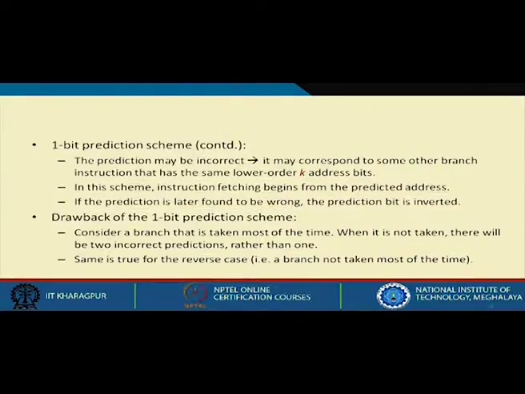But this time when you enter, the loop is taken again, so there will be a wrong prediction. So, there will be two mispredictions for every execution of the loop: the last iteration of the current loop and the first iteration of the next loop. Okay. So, let us take an example.